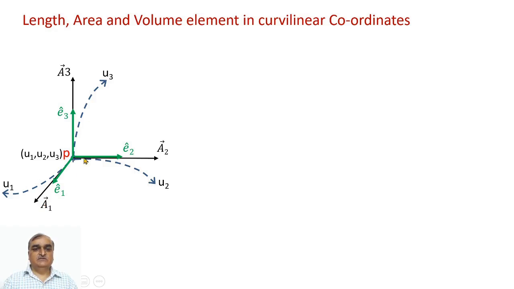The tangent to the u2 curve is the second axis, a2 bar, and the tangent to the u3 curve is the third axis, a3 bar. The unit vectors e1 cap, e2 cap, e3 cap give the direction of variation of u1, u2 and u3 at point P.